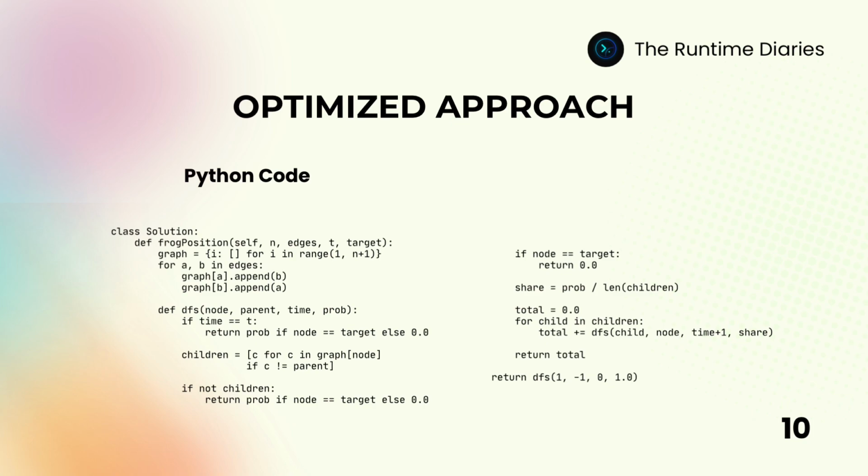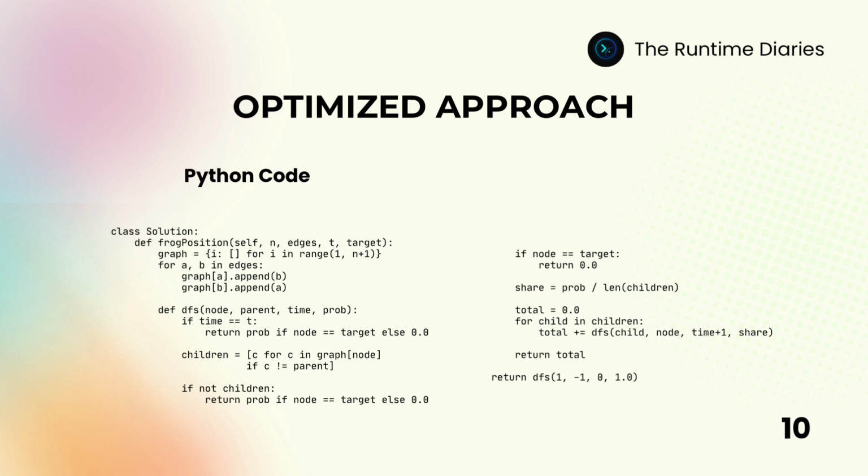If there are no children, return probability if node equals target, else return 0.0. If node equals target, return 0.0 because the frog must keep moving. Calculate share as probability divided by the length of children. Initialize total to 0.0.